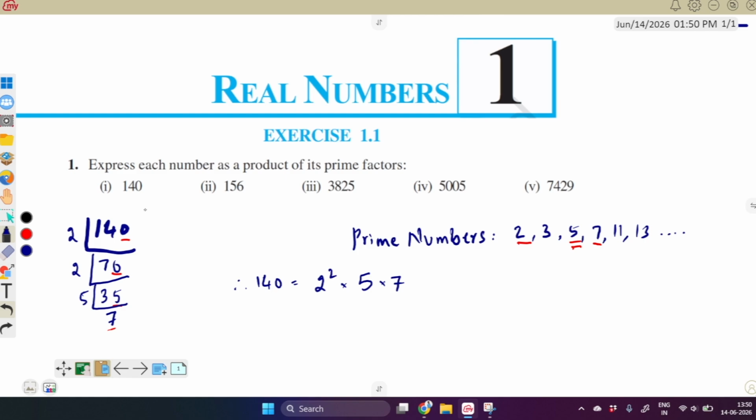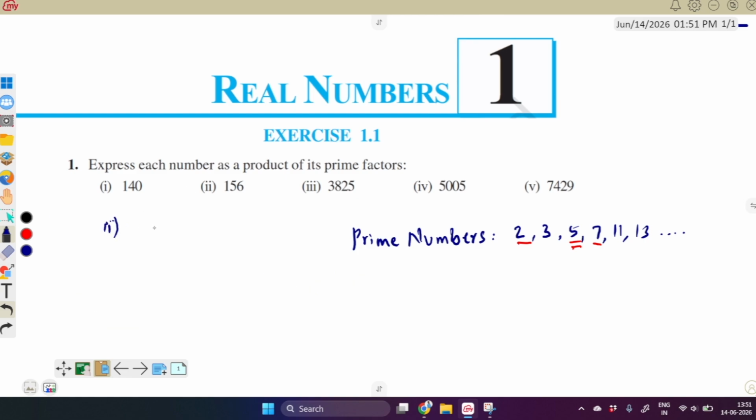Now let's do number 2. Number 2, 156. See, this is an even number because it is ending with 6. Now an even number is always divisible by 2, so we'll divide 156 by 2, so you get 78.